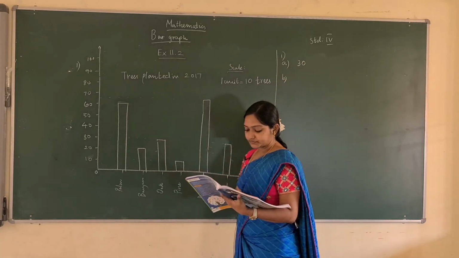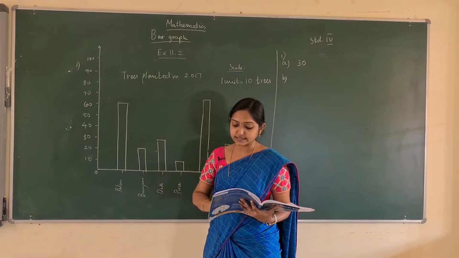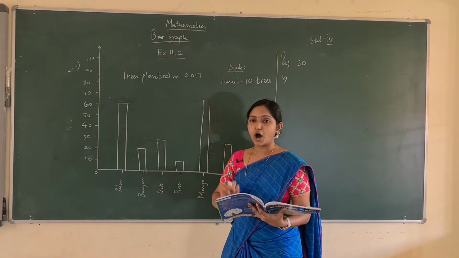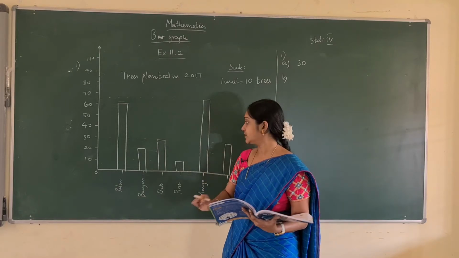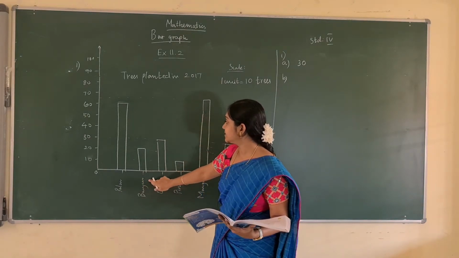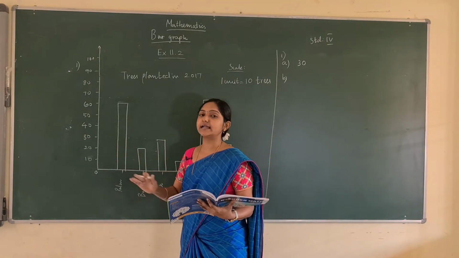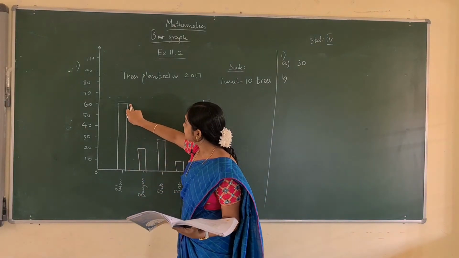Next question. How many more palm trees were planted than banyan trees? So compare palm tree and banyan tree. Find their numbers and subtract, and that will be the answer. Palm tree is 60.